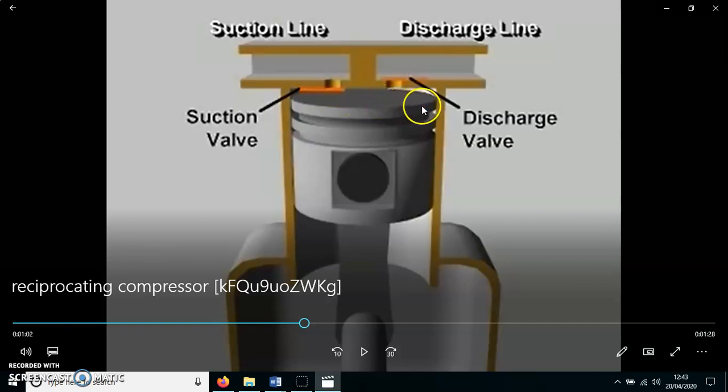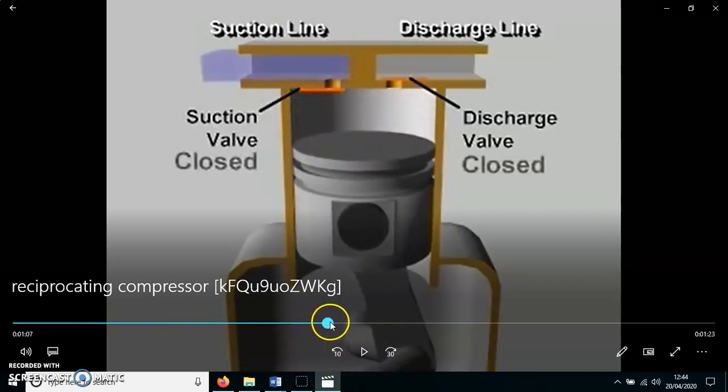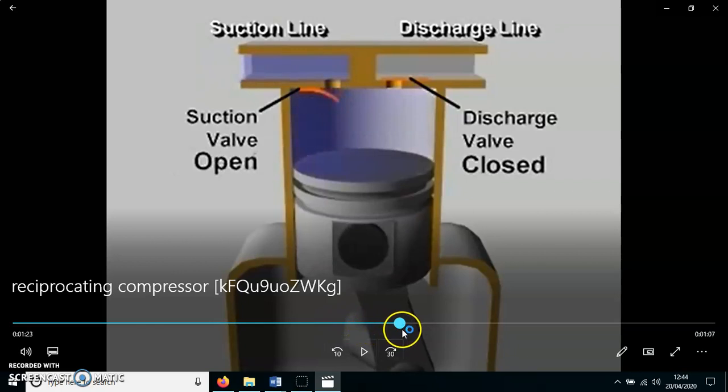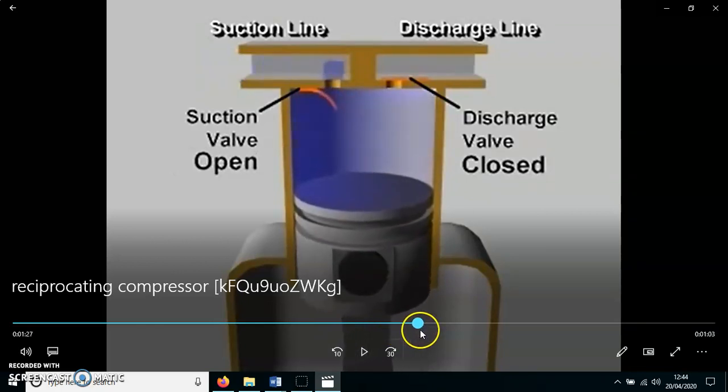Now, the piston moves from top dead center to bottom dead center during the suction stroke. Let's see its movement. The piston moves from top dead center, going down, down, down, and it reaches bottom dead center.